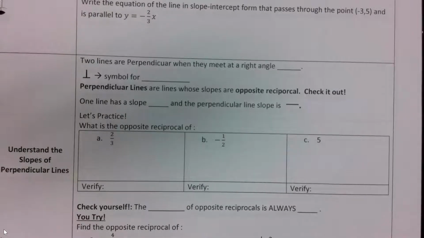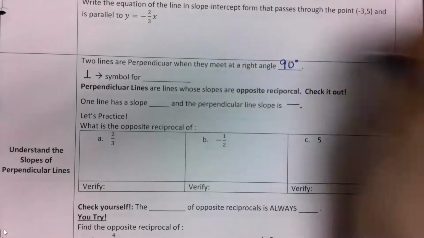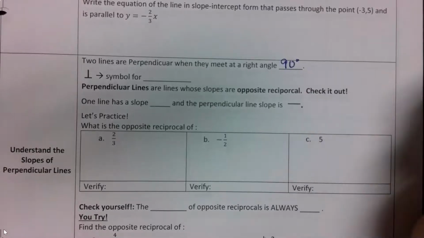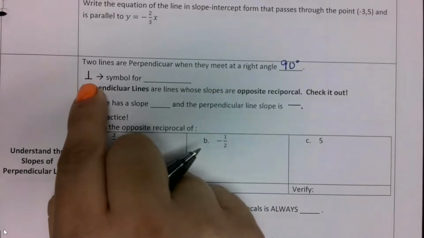Okay, so two lines are perpendicular when they meet at a right angle, which is 90 degrees. Perpendicular lines make an intersection like this. So this is the symbol for perpendicular.